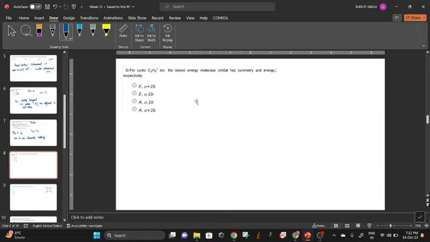This question was done in the class where we found the symmetry, which I think was A. Yes, the symmetry was A, but we didn't calculate the exact energy in terms of alpha and beta.